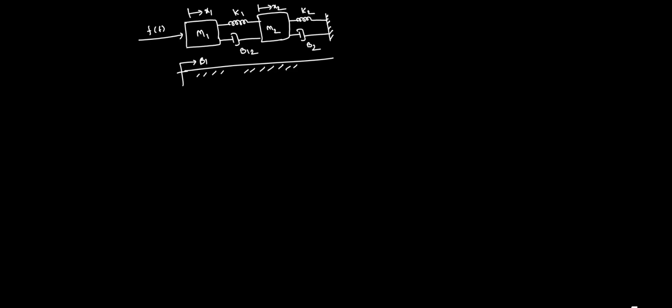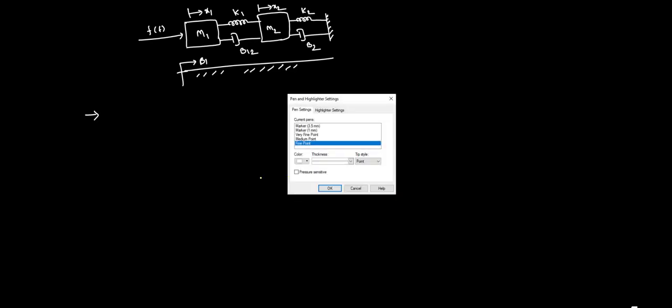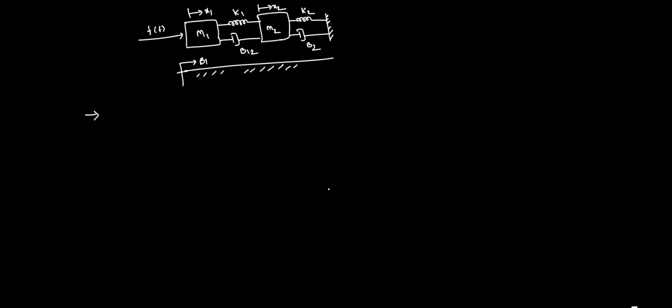So first, what we have discussed in our earlier systems, the equations, the free body diagram, that is the force acting on the mass m1 plus the force acting on the b1, f b1, plus f b12, plus f k1 is equal to f of t.